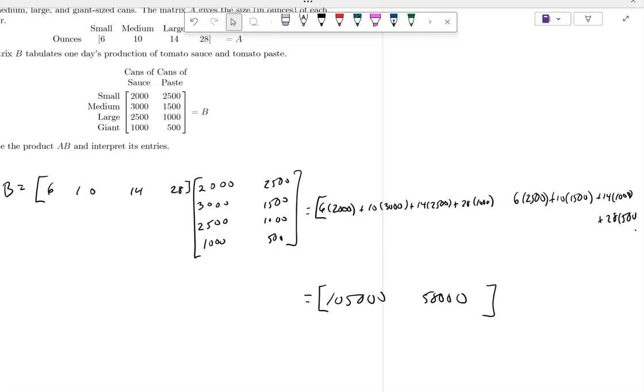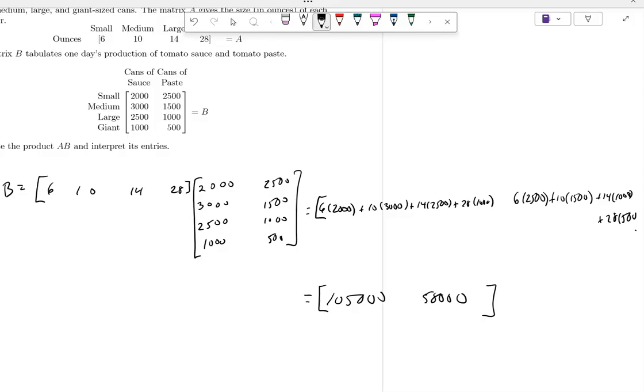The B matrix talks about how many cans of sauce are made and then how many cans of paste are made by size, right? So if we're doing this product and adding it together, what do these numbers at the end match up with? The sauce and paste, and what quantity is it? Just how much it is, right?